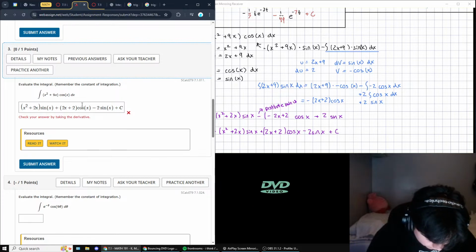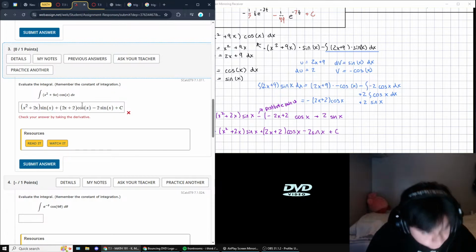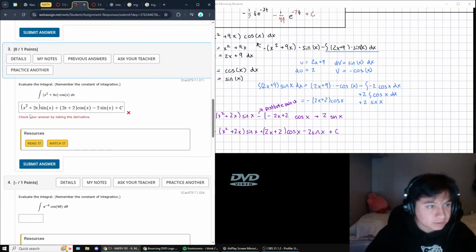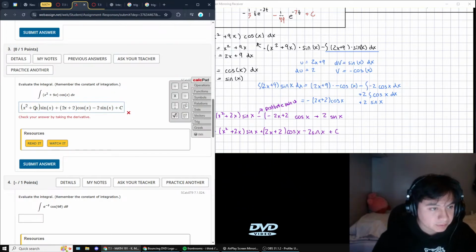Why did I put 2x? Oh, because in the example they used 2x, but I think it's the same thing now.